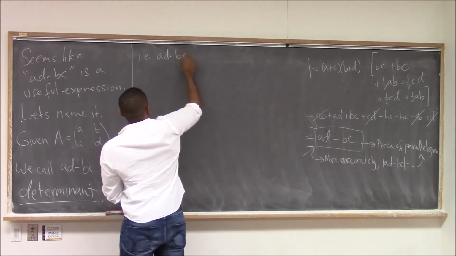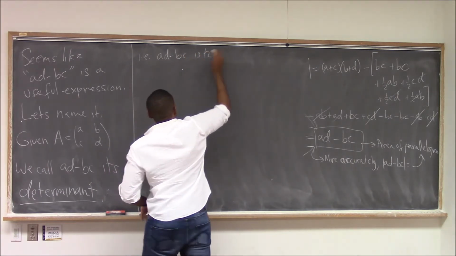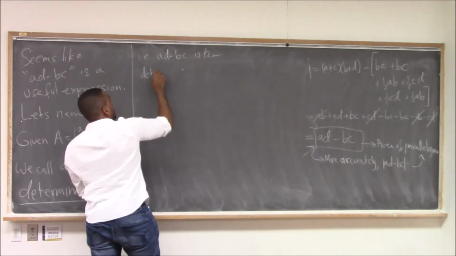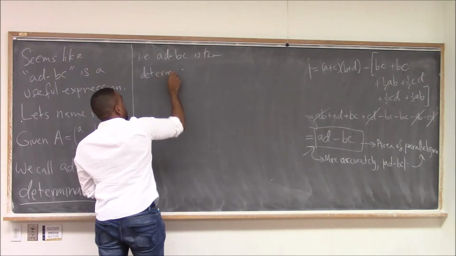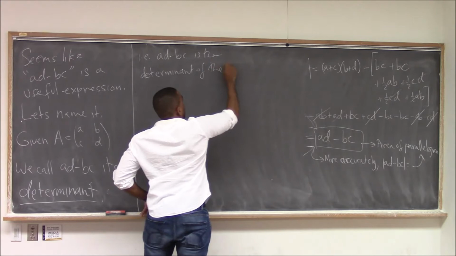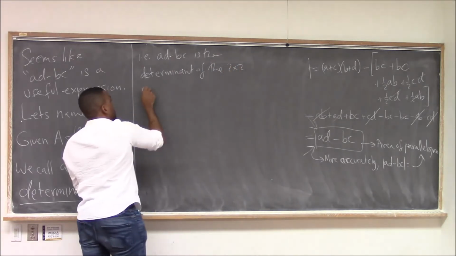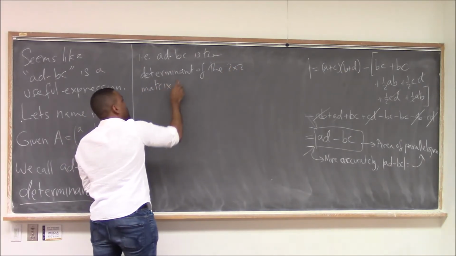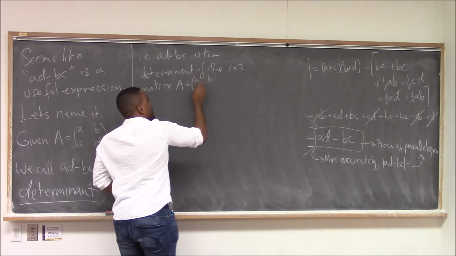AD minus BC is the determinant of the 2 by 2 matrix A equals A, B, C, D.